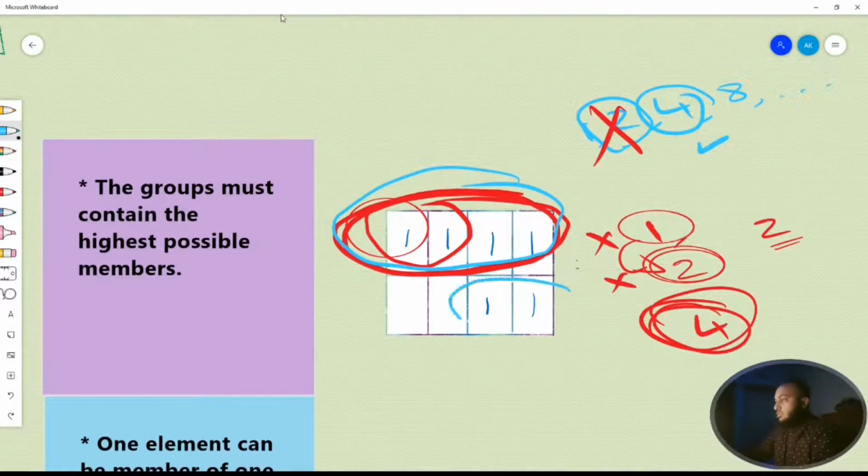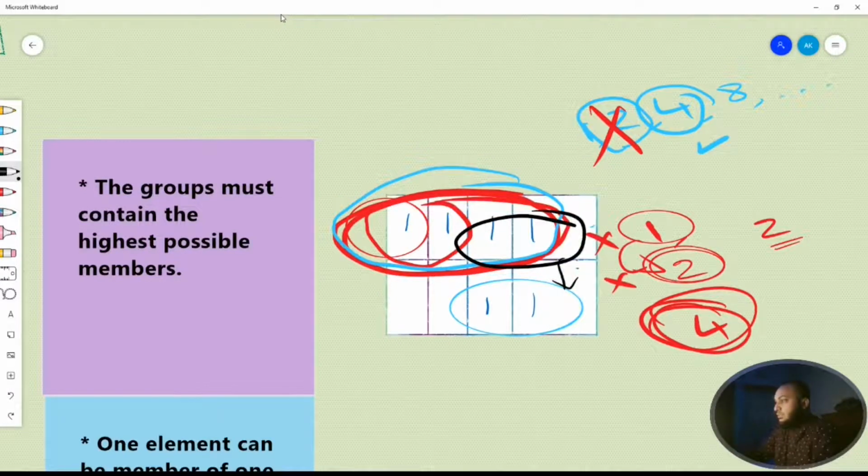now we have 2 remaining elements. We could form a group containing these 2 elements, but we can see here these 2 elements are adjacent to these 2 elements, so we need to form the group having these 4 elements, because here 4 is the best possible number.